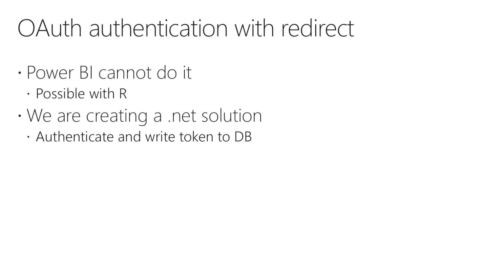Now I said before that Power BI does not handle redirect authentication. So what you can do is write the calls to the API using R. I don't know R very well, so I chose not to do that.